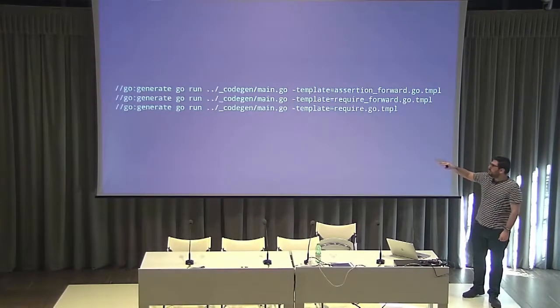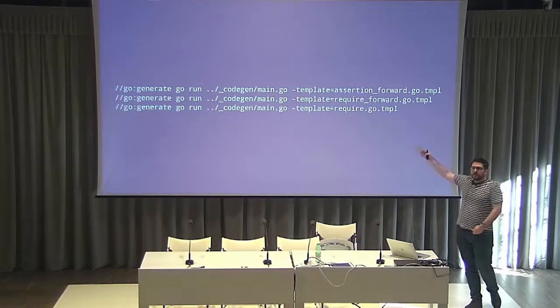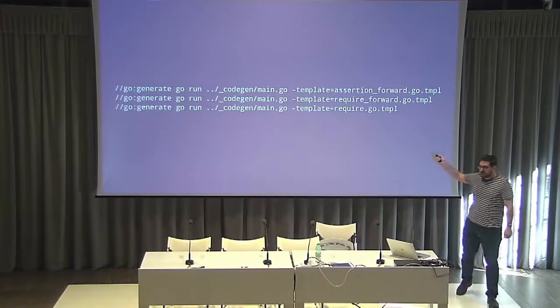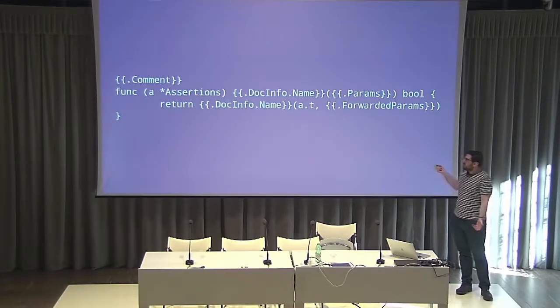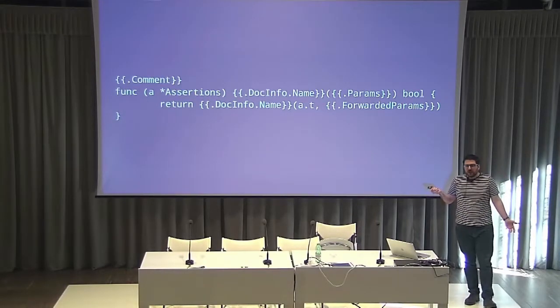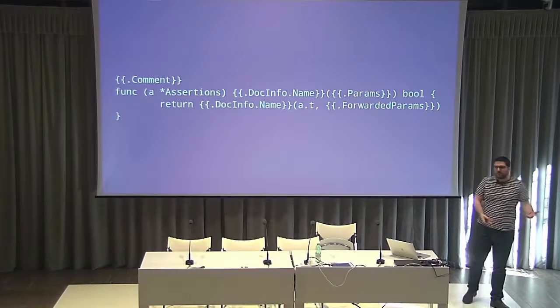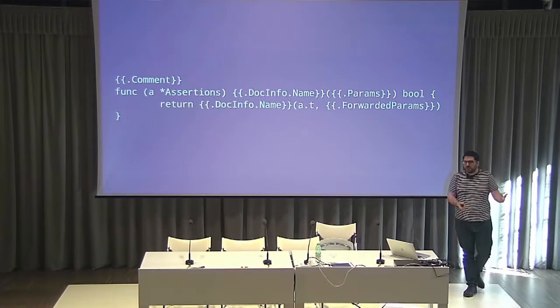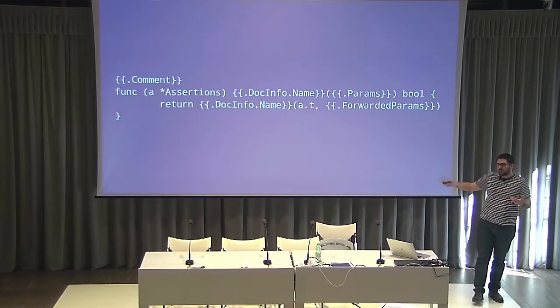And I want to run this program with this template. We have that three times, one with each template. And templates are three or four lines of code depending on the assertion. What that program is going to do is look at the code, look at all the functions for the assertions that we've got, take the template, and render it for each one of the assertions.